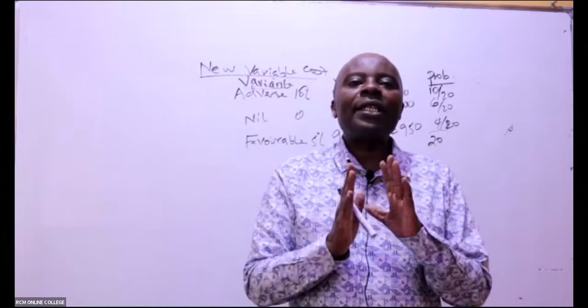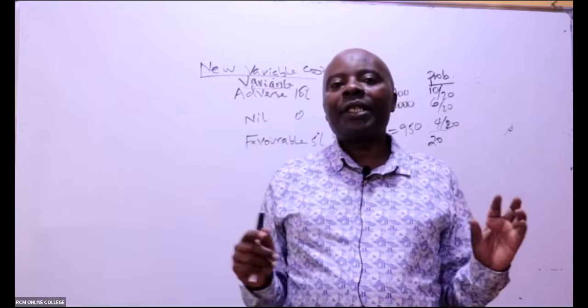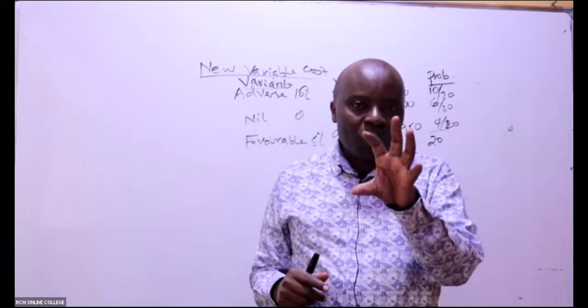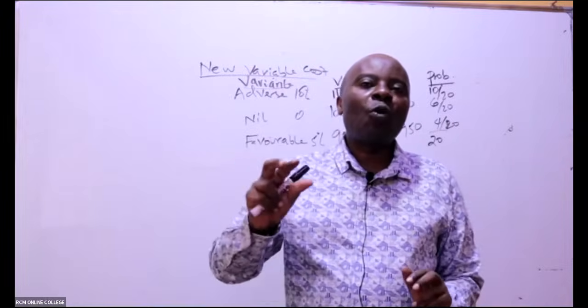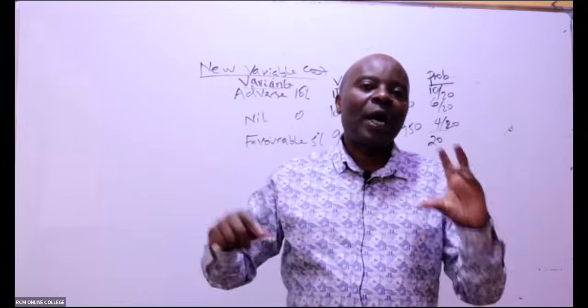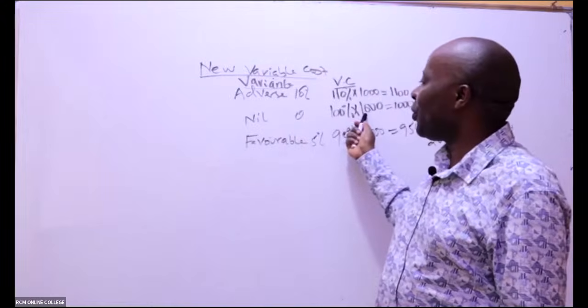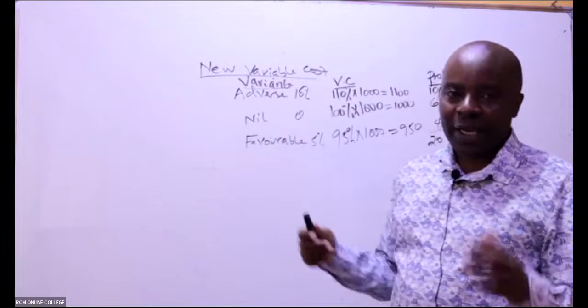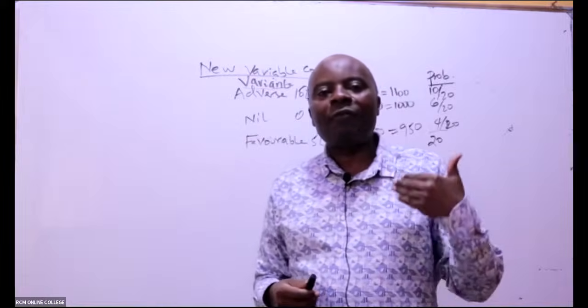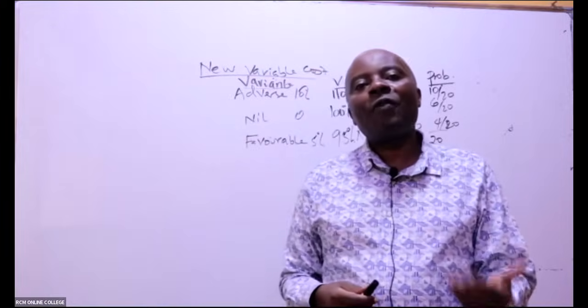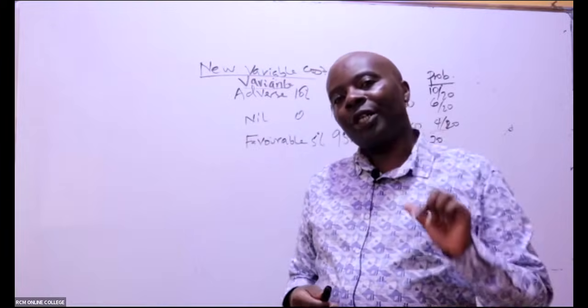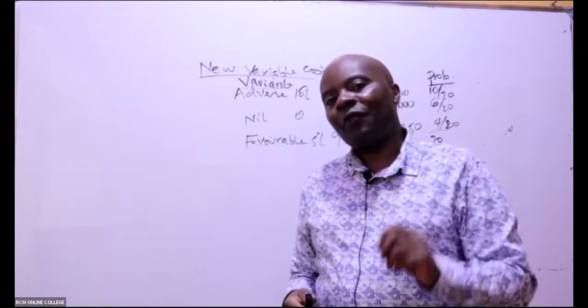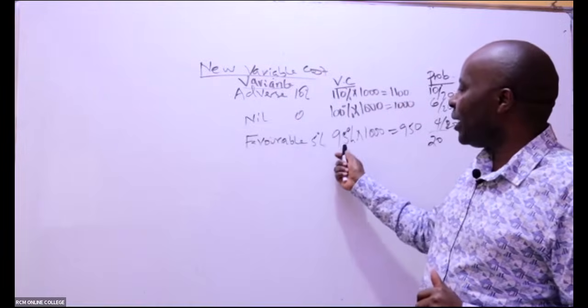When the variance is nil, it means it's at 100%. There was no variation. The standard and the actual are the same. So 100% of our 1,000. Then there was a favorable variance. When cost favors you, it means that the actual is smaller. So we deducted 5% from 100 to get this 95%.